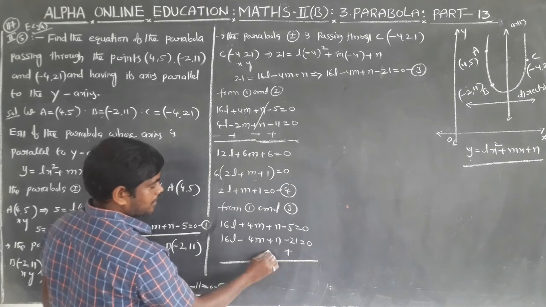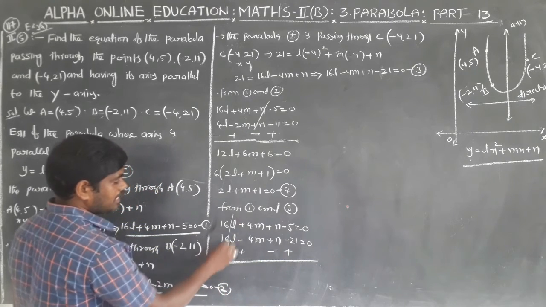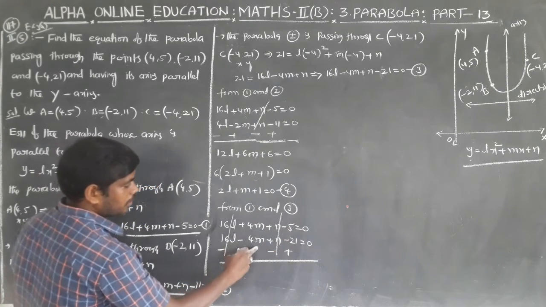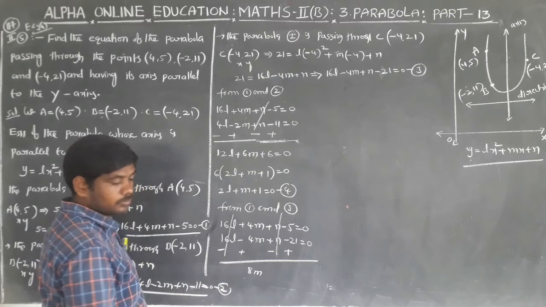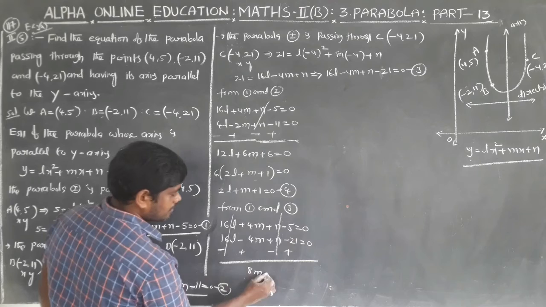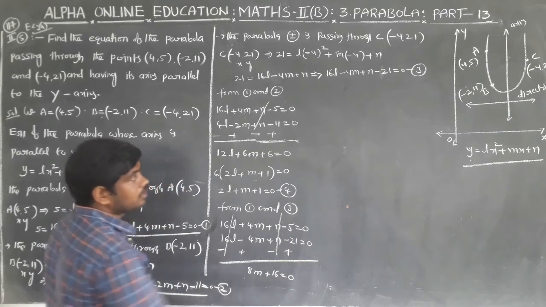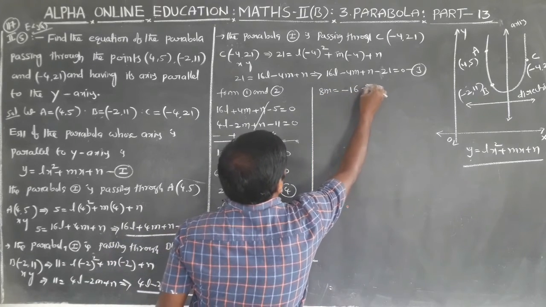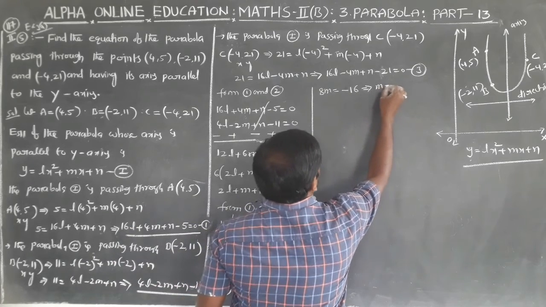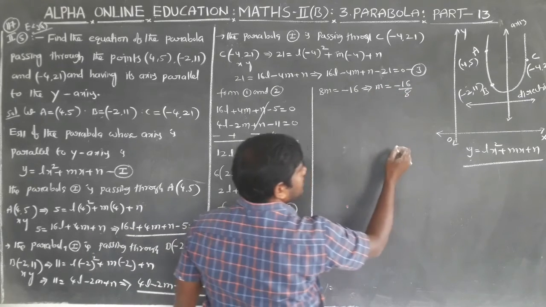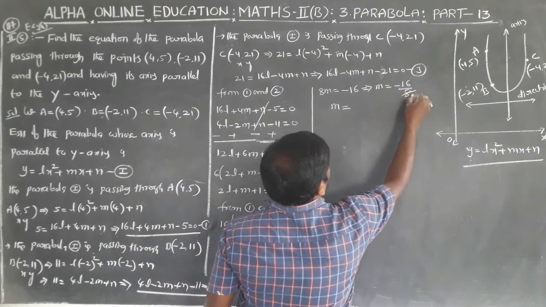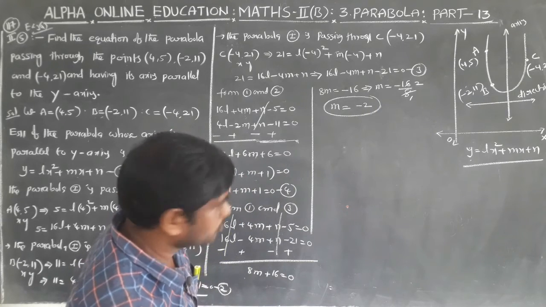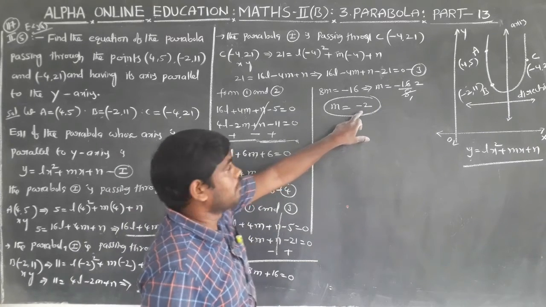Subtracting, 16L gets cancelled, n minus n gets cancelled, 4m plus 4m is 8m, plus 21 minus 5 is plus 16, is equal to 0. 8m is equal to minus 16. M is equal to minus 16 by 8. M is equal to 8 1s, 8 2s. Therefore, M is equal to minus 2.